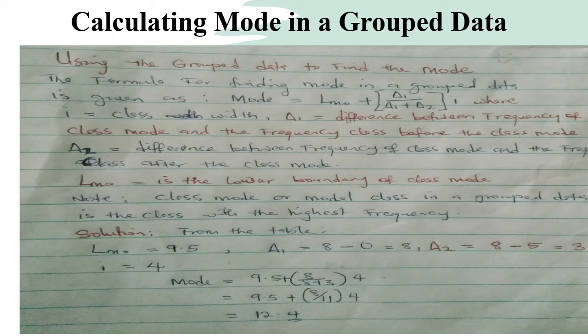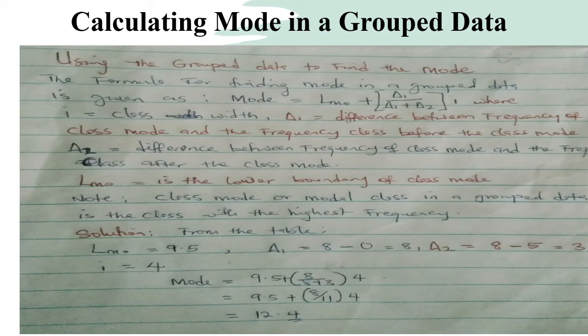Delta 1 is the difference between the frequency of the modal class and the frequency of the class before it, while delta 2 is the difference between the frequency of the modal class and the frequency of the class after it.